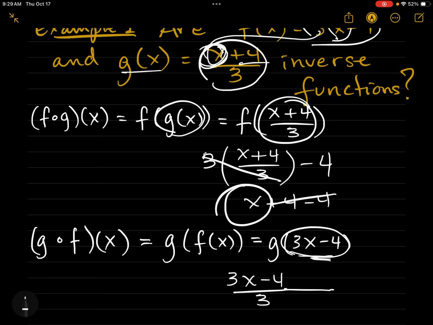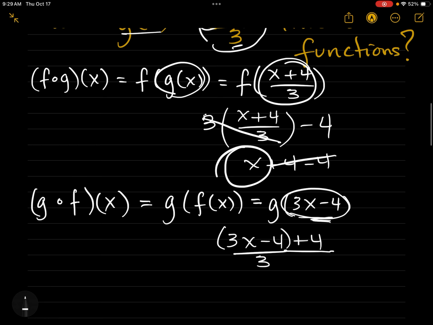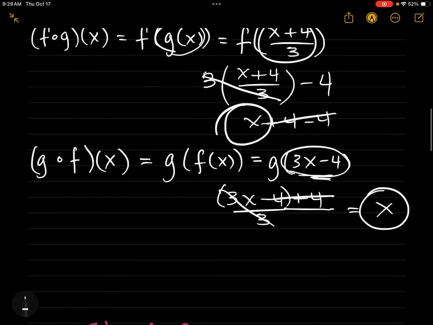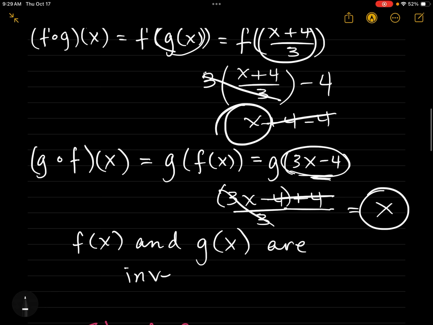So all of this in here, okay, I still have a plus 4 here. And on the bottom, I have my 3. So now, does this equal x? Yep, there's the x. So since they both equal x, now I can say f of x and g of x are inverse functions. They're inverses of each other.